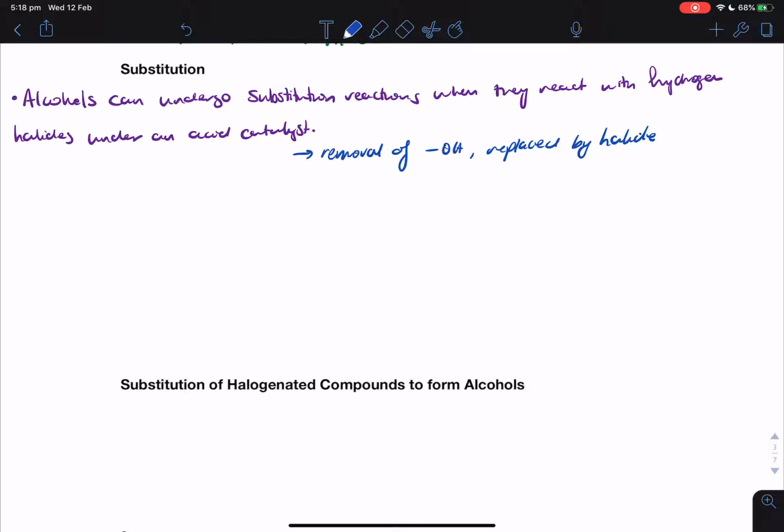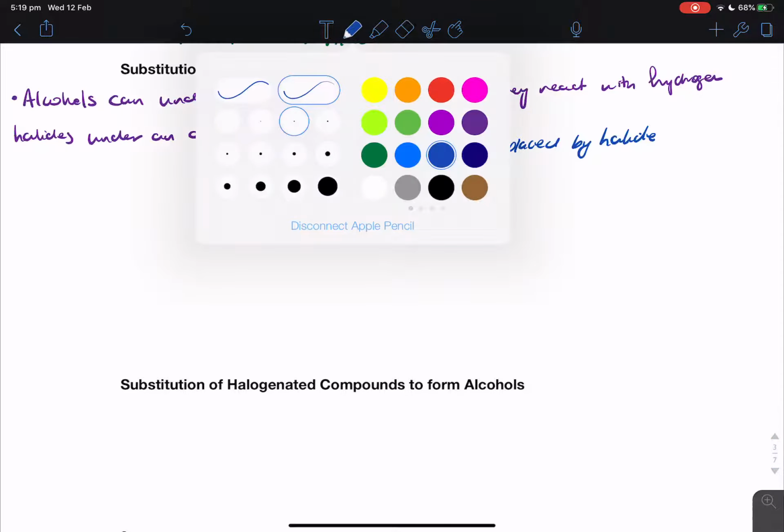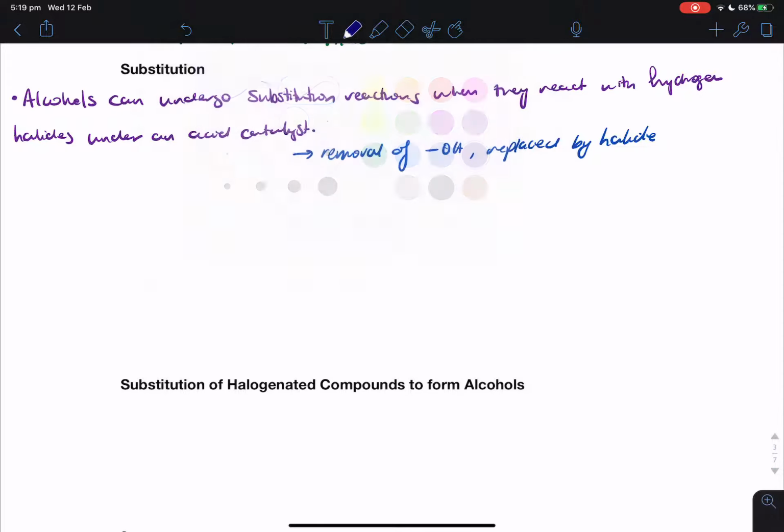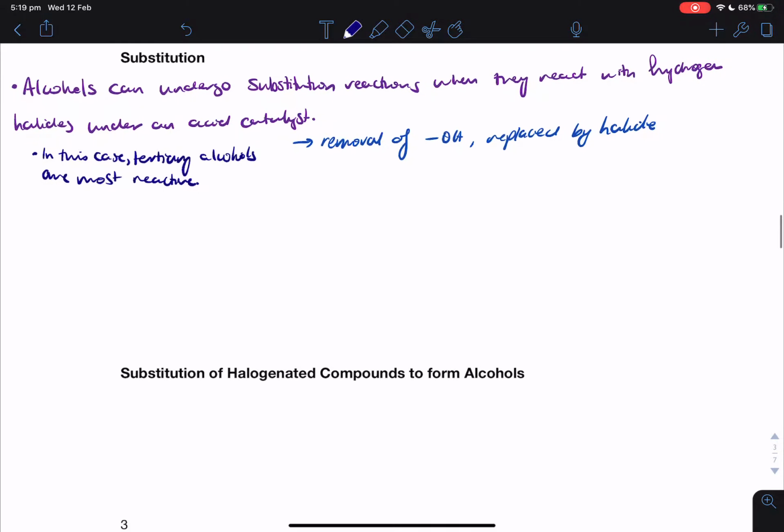It's going to form a cloudy white haloalkane literally in less than 1 minute. So tertiary alcohols are very, very reactive. In this case, tertiary alcohols are most reactive. Okay, awesome.